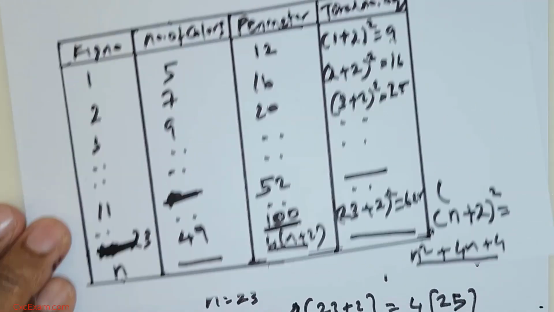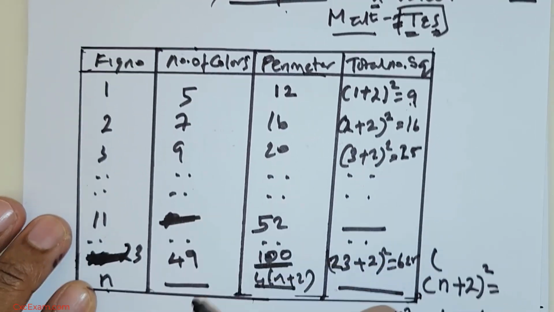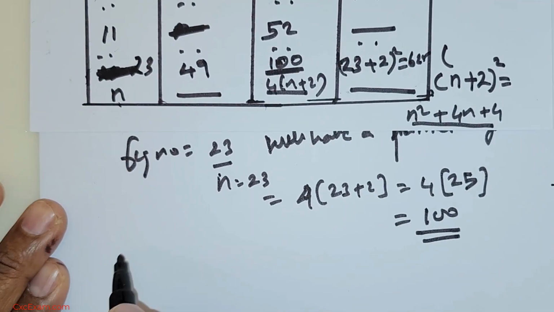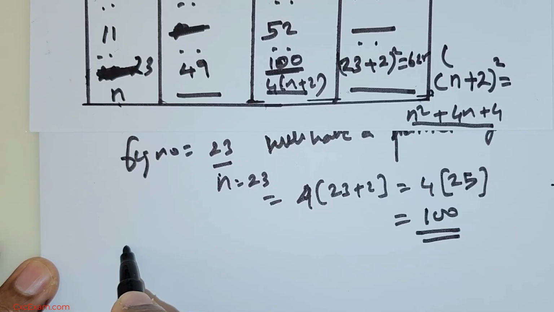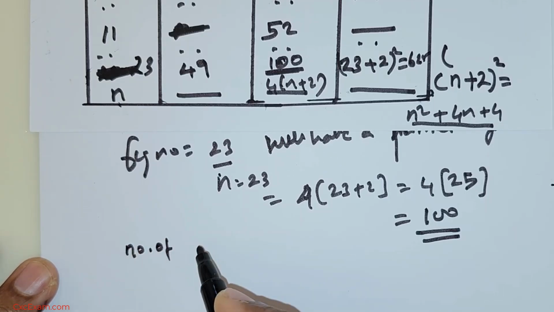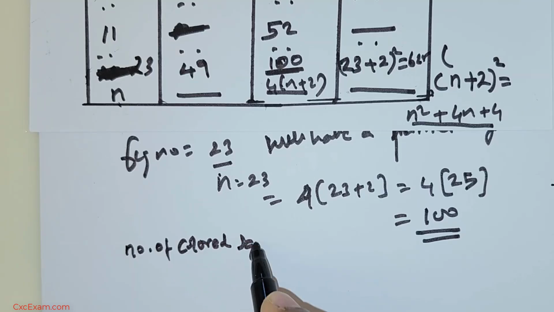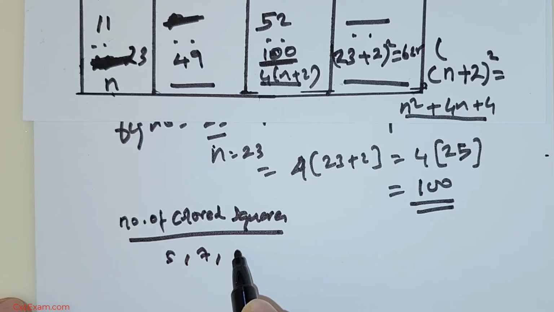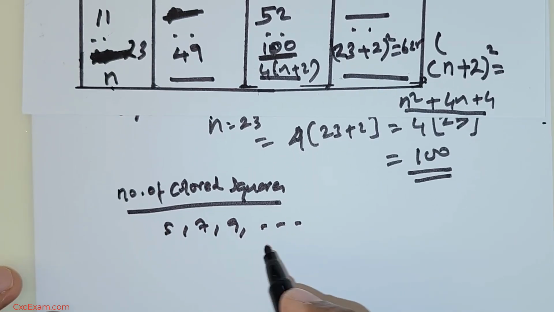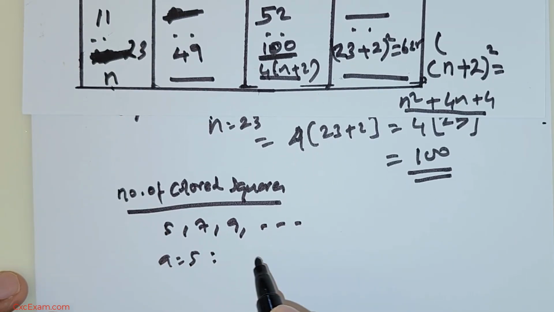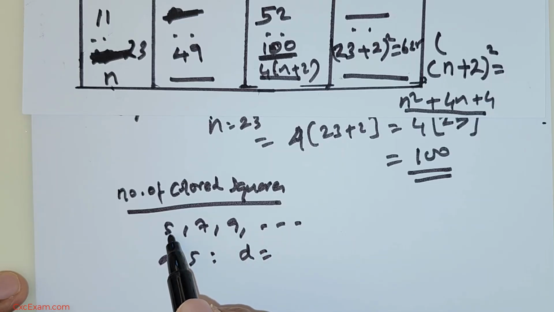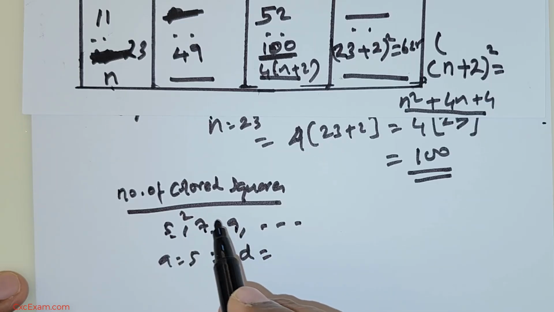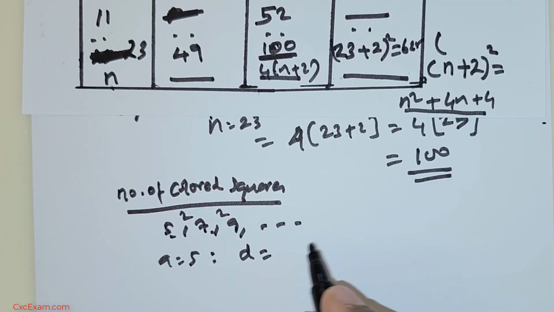Now moving on, we need to sort this column out. So write the sequence. This is the number of colored squares, right? That is given as 5, 7, 9 and so on and so forth. So what is the first term? It's 5. What is the common difference between 5 and 7? 2. Common difference between 7 and 9? It is 2 again.